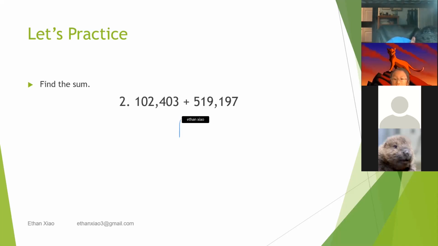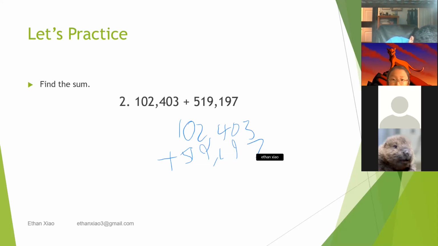So 102,403 plus 519,197. I'm going to add these two. 3 plus 7 is 10. I'm going to add 1 here.